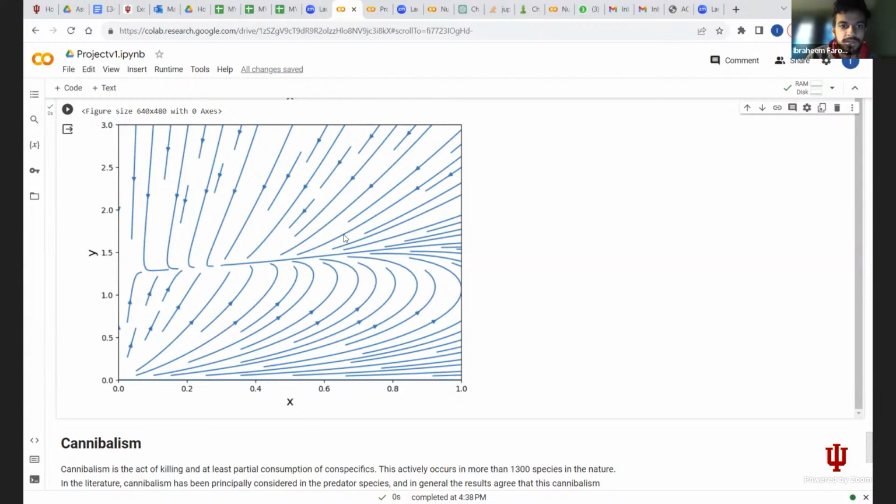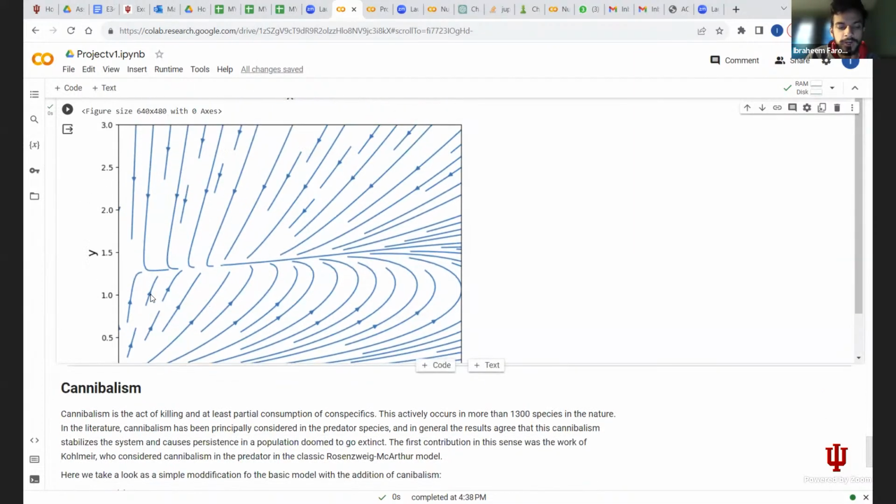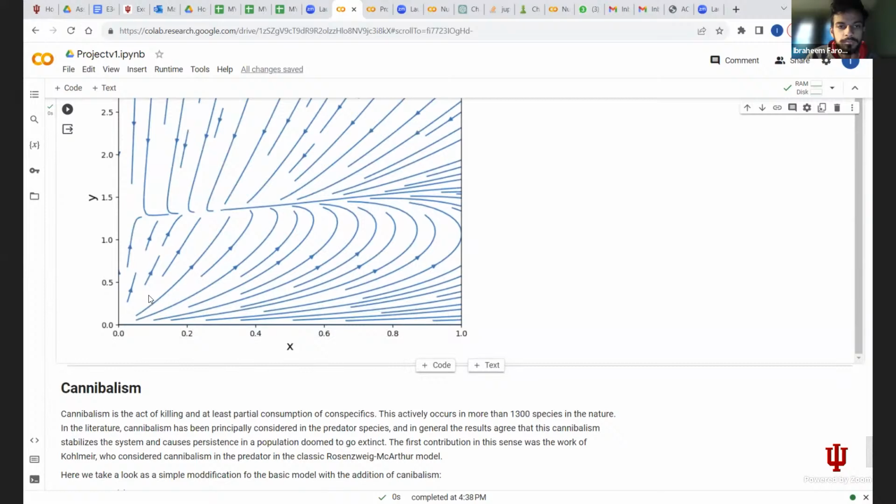If it is above that line, it will decay to that line, and then it will stay basically on this line until the predator population hits 0. So this is an example of when the fear effect causes the predator population to go extinct. Yes, Pedro?